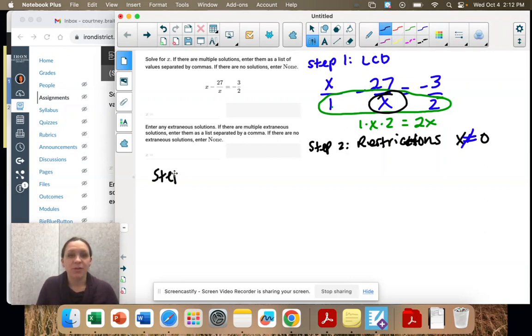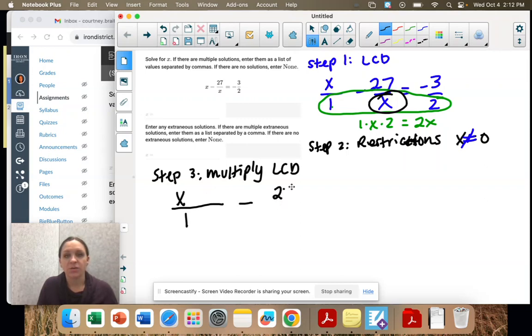So step 3, we're going to multiply our common denominator. So I'm going to rewrite this. x over 1, look how I'm leaving space, minus 27 over x equals negative 3/2. And I left that space because our 2x right here, we're going to multiply everything by 2x.